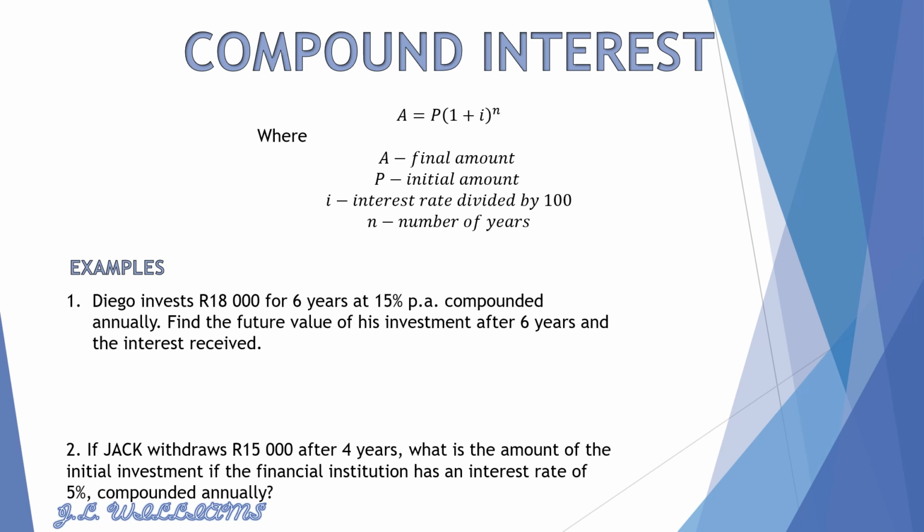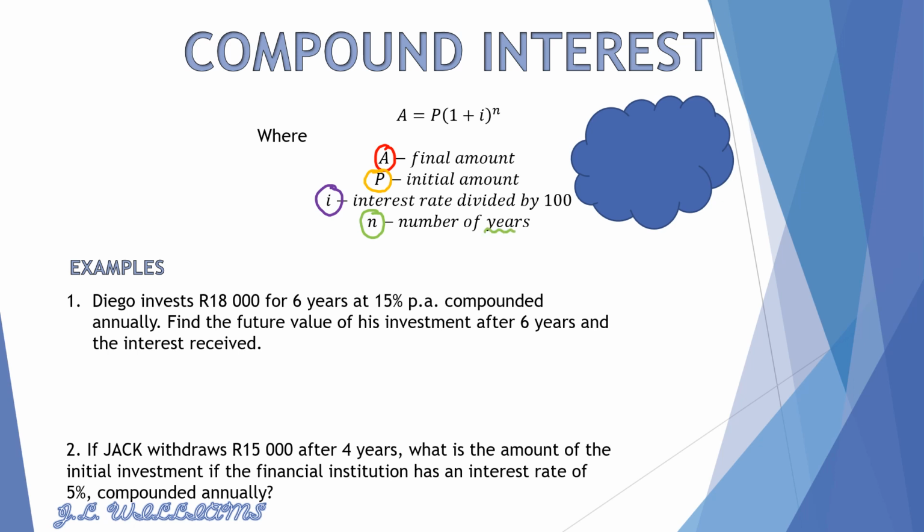And of course, just as we know from previous examples, A is your final amount, P is the initial amount that is either invested or borrowed, I is your interest rate, which you need to divide by 100, and n is the number of years that you borrow for or invest for.